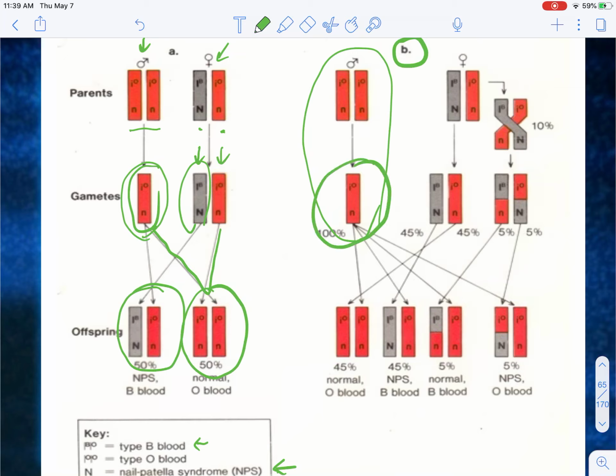However, scenario 2 says, but if there's crossing over, first of all, it wouldn't matter if his crossed over because he's only got the same on both. So he's always going to have this as his gametes, type O and normal nails. However, with her, if her two chromosome 2s do cross over in prophase of meiosis, then she could have different combinations.